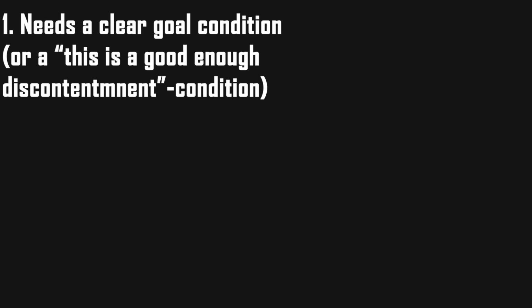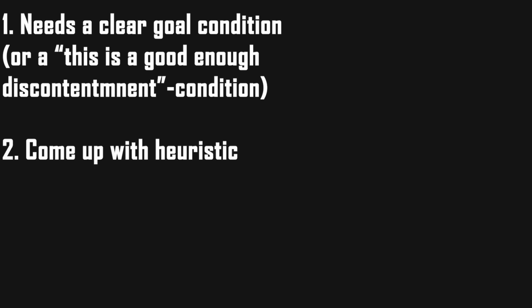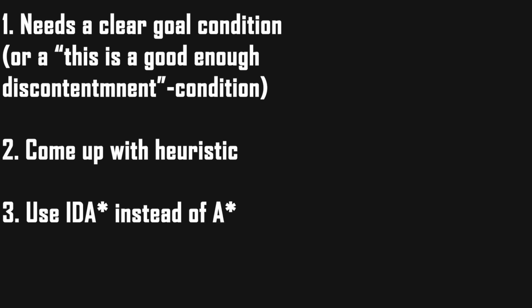First of all, you would have to define a clear condition for when your desired state is reached, or define a good enough insistence value, which would serve as our goal. Then you would need to come up with a heuristic, which also needs to fulfill the condition of never overestimating the cost. Then the last step would be not to use a plain A* algorithm, but rather an iteratively deepening A* algorithm, because the problem we are searching here isn't really like pathfinding.